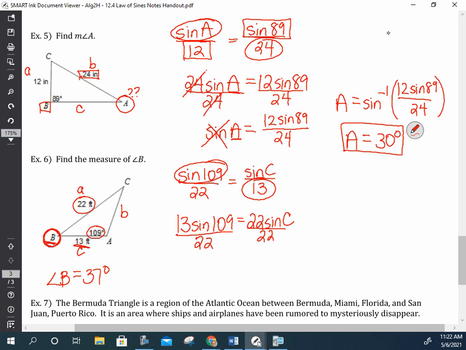Divide by 22. That gives you sine C equals 13 sine 109 over 22. I need to know what angle C is, so sine drops out. C equals sine inverse of 13 sine 109 over 22.